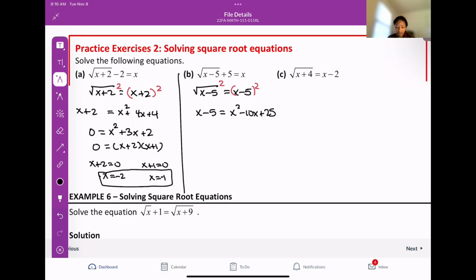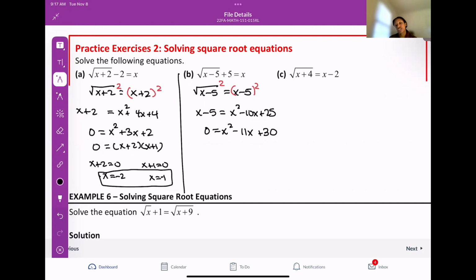And then we move everything over to one side, factor and solve. This would be 0 equals x squared minus 11x plus 30.